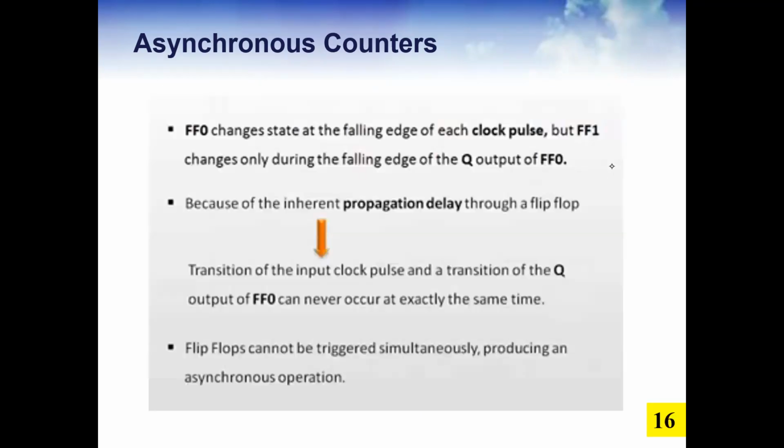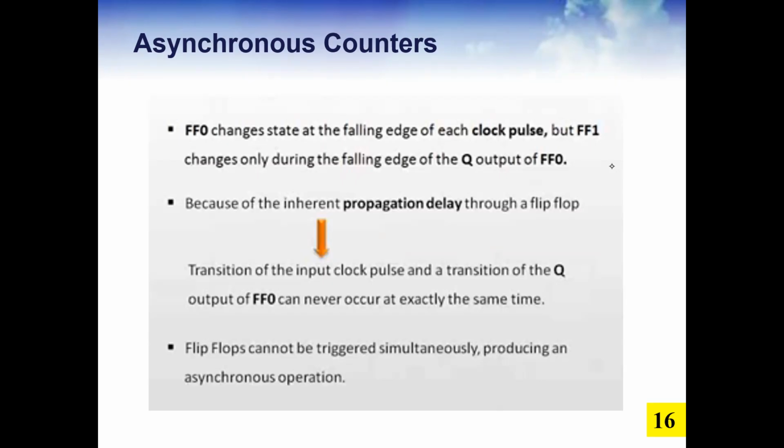So let's now move on and conclude what we have learned in asynchronous counters. Here in asynchronous counters, we have seen that there is a propagation delay, because the output of one flip-flop is connected to the input of the next flip-flop, and so on. Depending upon the counter itself, we can have multiple flip-flops.